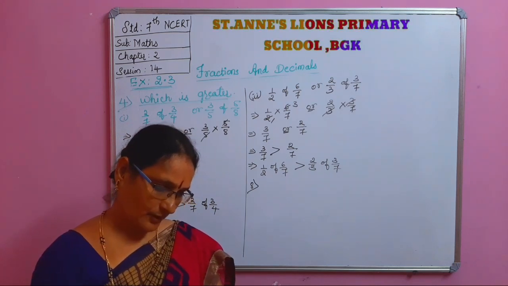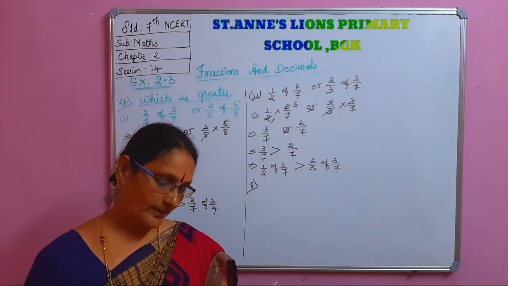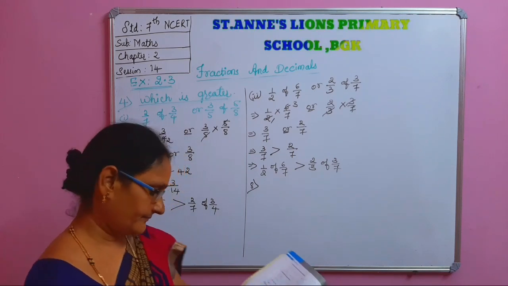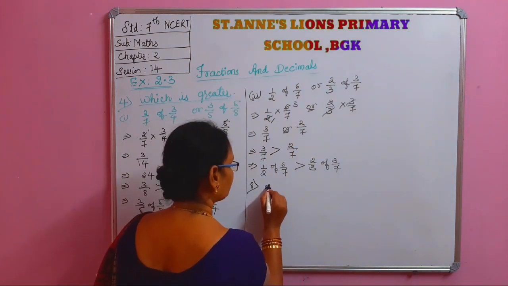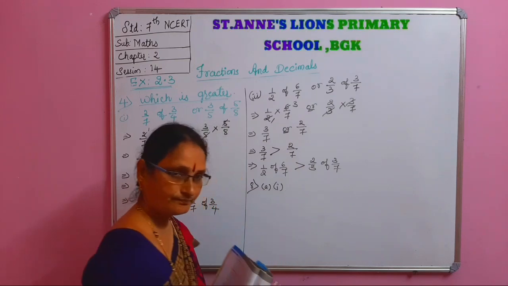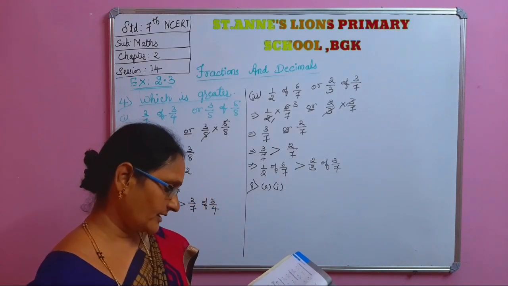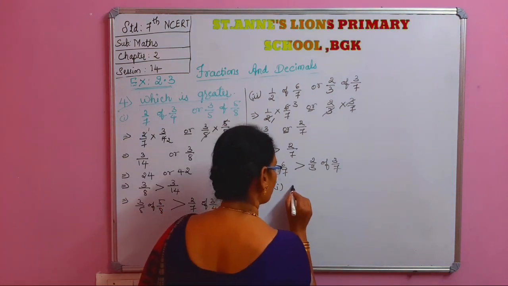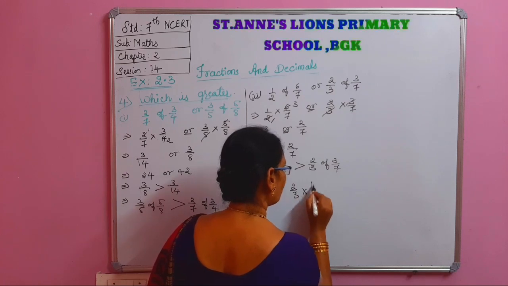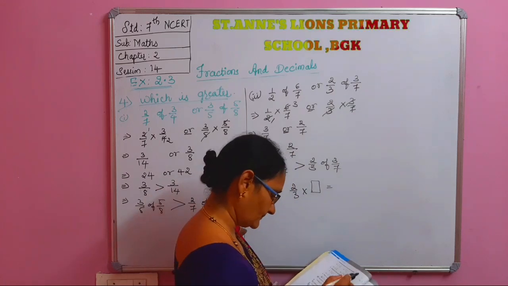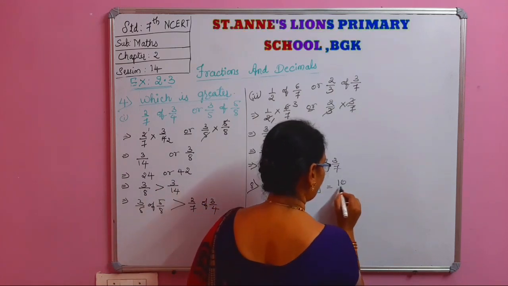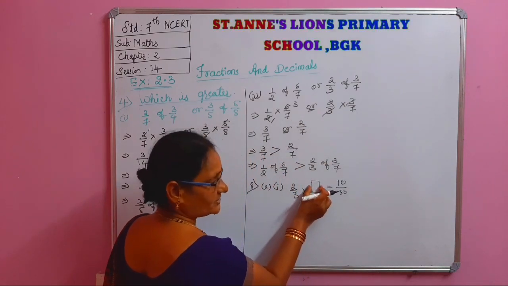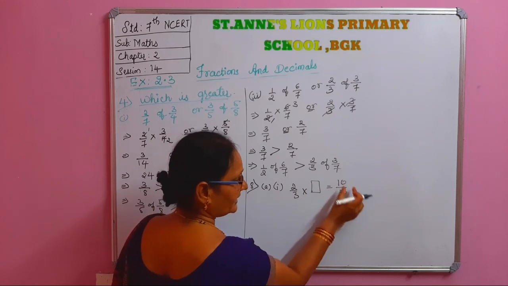Provide the number in the box such that 2 by 3 into dash is equal to 10 by 30. See, direct answers I will do. Anyone who has the book now, you just copy the question and then you do the first one. 2 by 3 into box is equal to 10 by 30. Here we have to write one fraction such that we get 10 by 30.